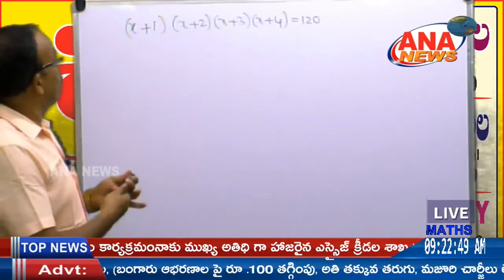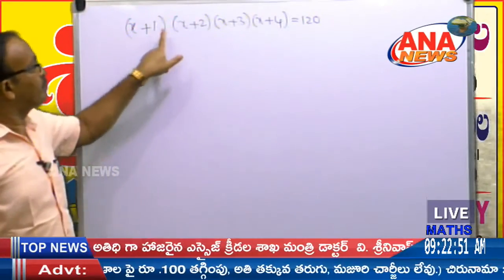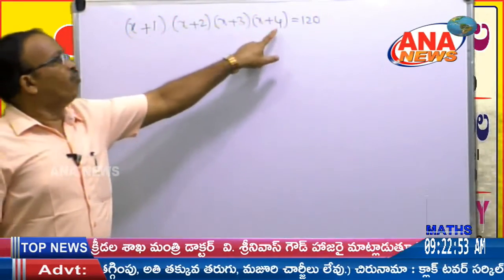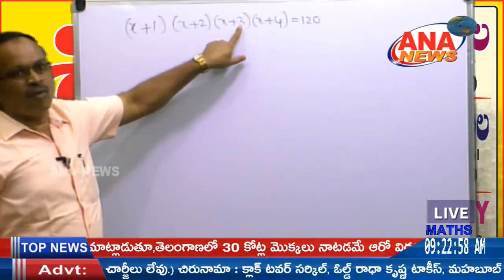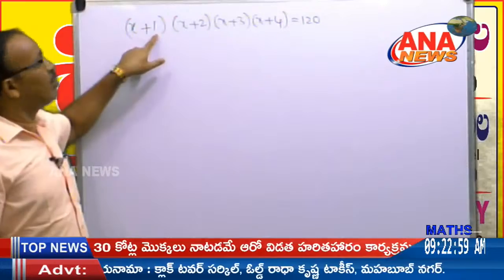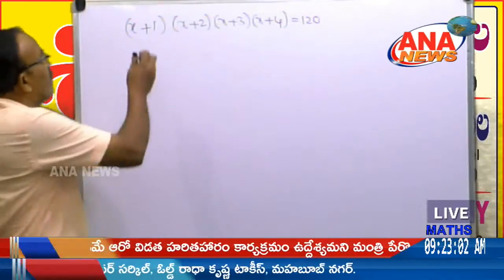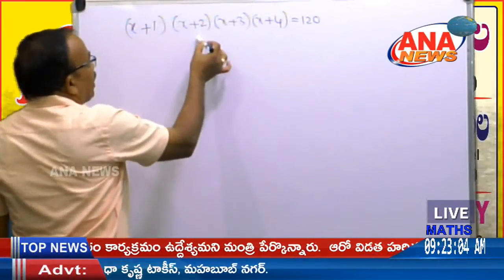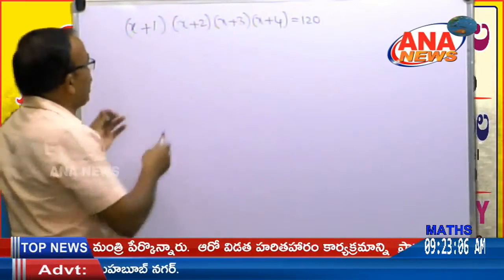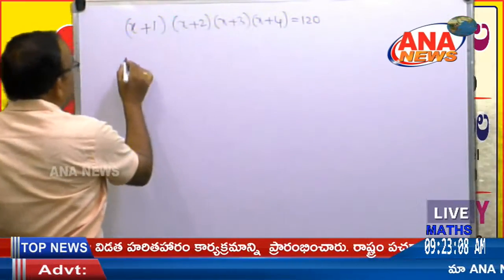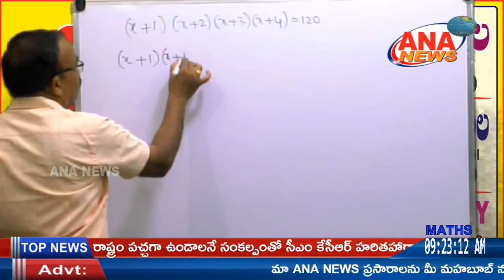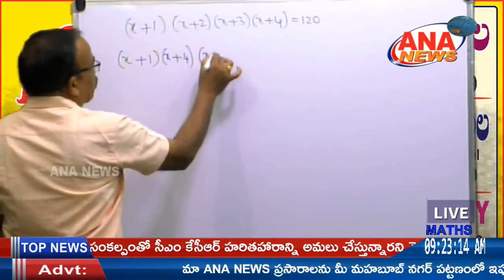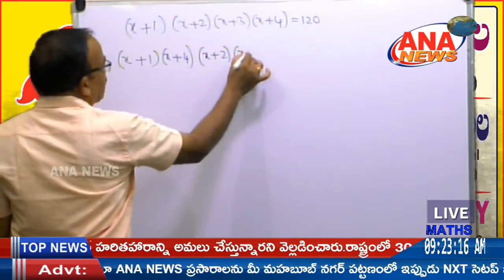As per the procedure, see here 1, 2, 3, 4. Now, 2 plus 3 is equal to 5 and 4 plus 1 is equal to 5. So first multiply these two and then multiply the other two. Rewrite the equation like this: x plus 1 into x plus 4, x plus 2 into x plus 3.